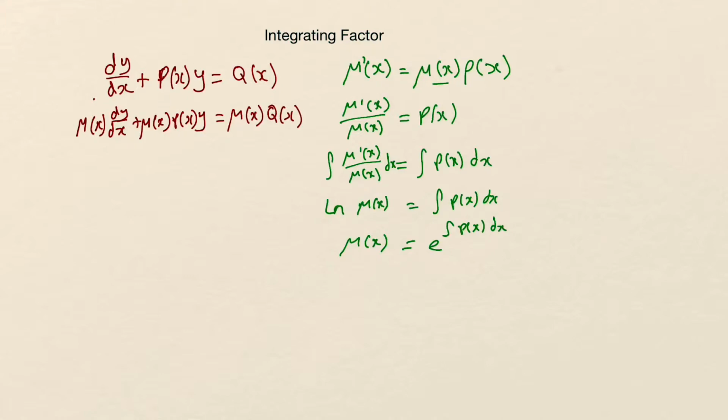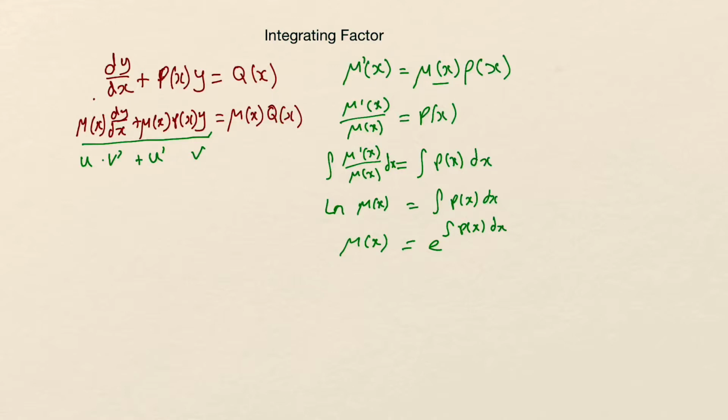Here we notice one special thing about the left hand side. If we have a look at what we've got, mu of x, let's call it u, multiplied by dy by dx. And then we've got mu of x p of x, which is u prime, the derivative of u, and then y, which we can call v. Dy by dx will be v prime.